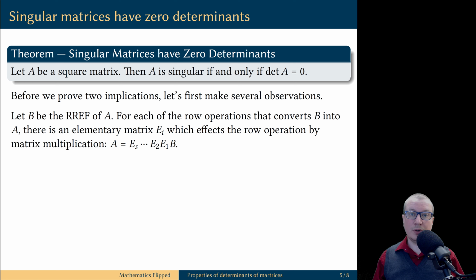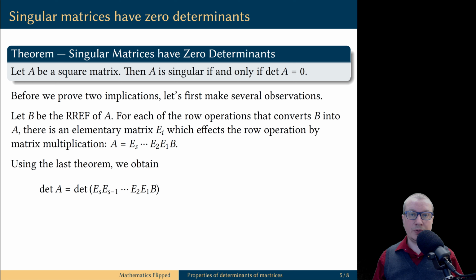And then, performing this sequence of row operations on the matrix B is equivalent to multiplying this matrix on the left by the corresponding sequence of elementary matrices. The result of this is the matrix A.